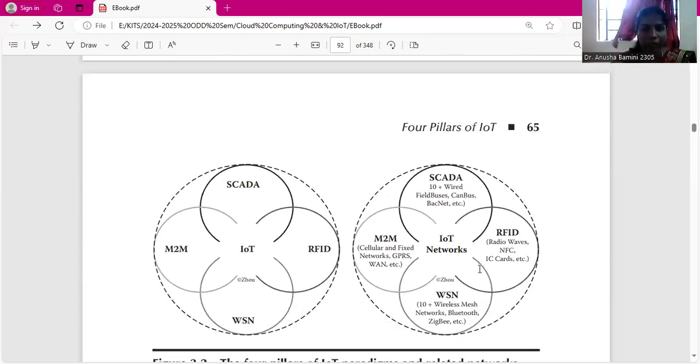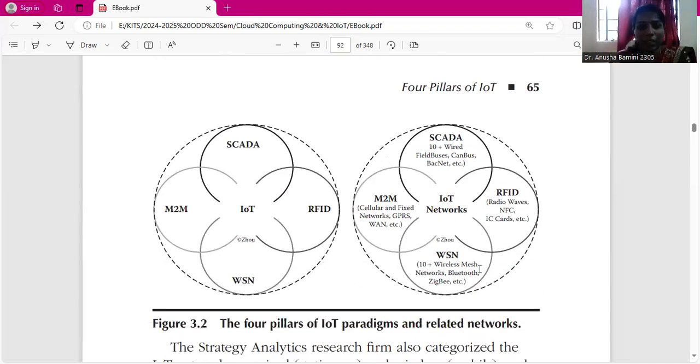Then this is the picture which shows the network which is supported by these four pillars of IoT. See the first picture. These are the four pillars of IoT: SCADA, RFID, WSN, M2M. Then the next picture shows what networks are supported by these four pillars. Consider SCADA.